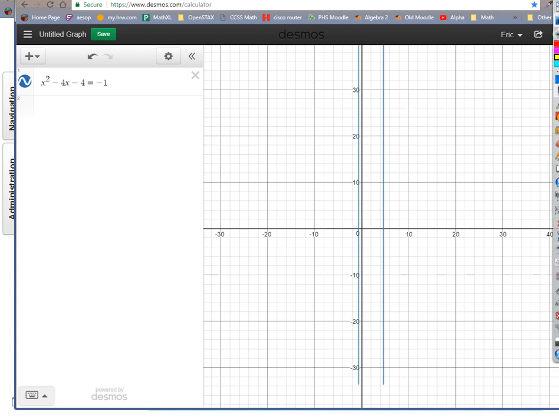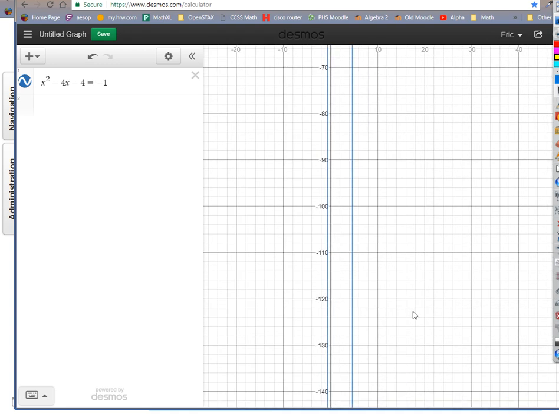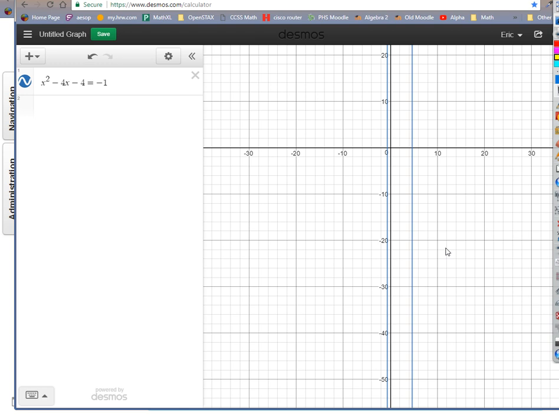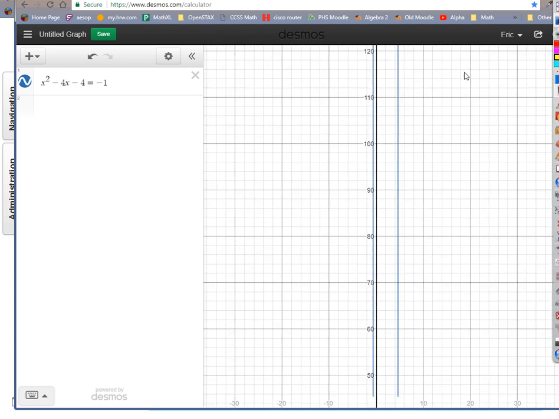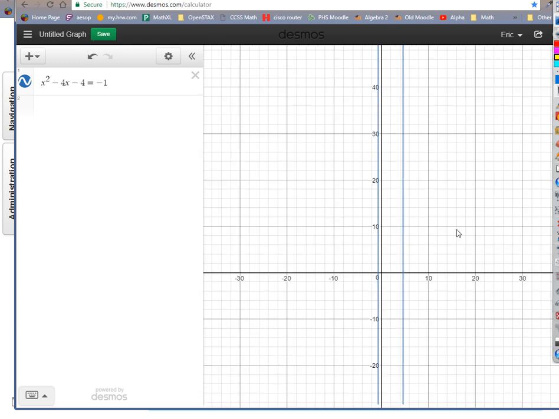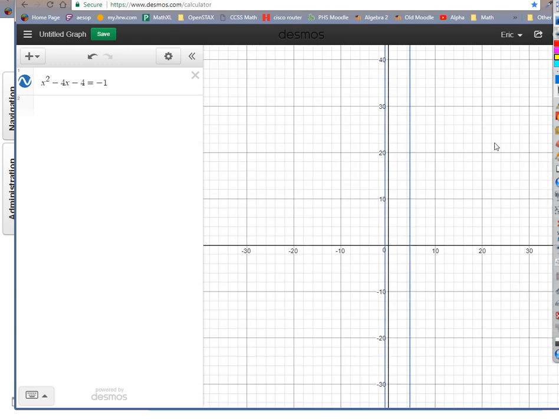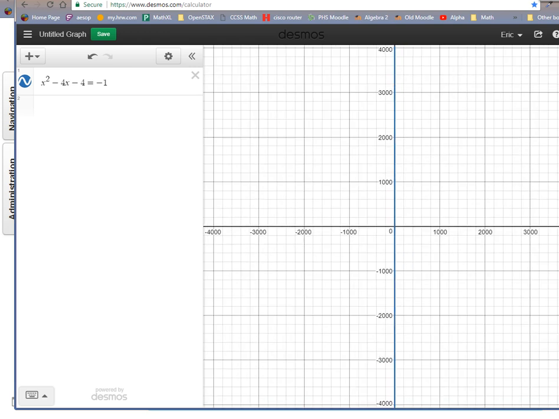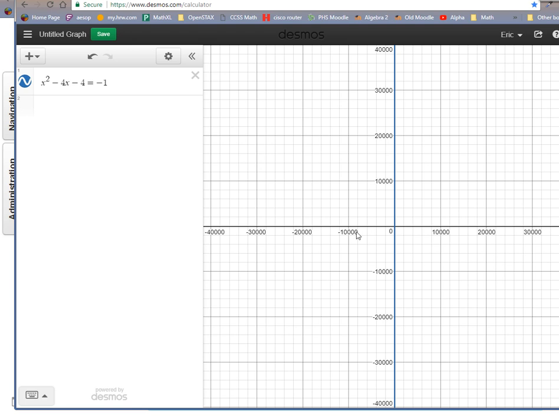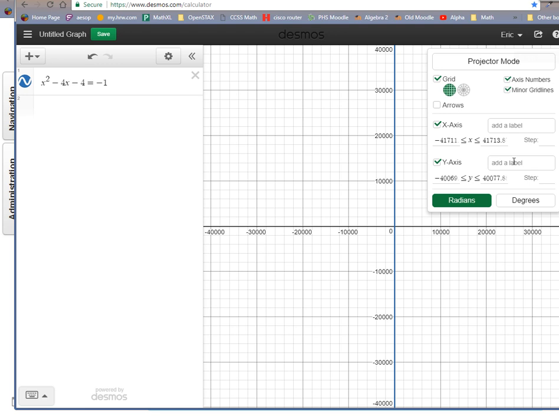If I want to find the vertex, I don't even know where the vertex is. It's there somewhere. I'm going to change these axes. I'm thinking maybe it doesn't work.